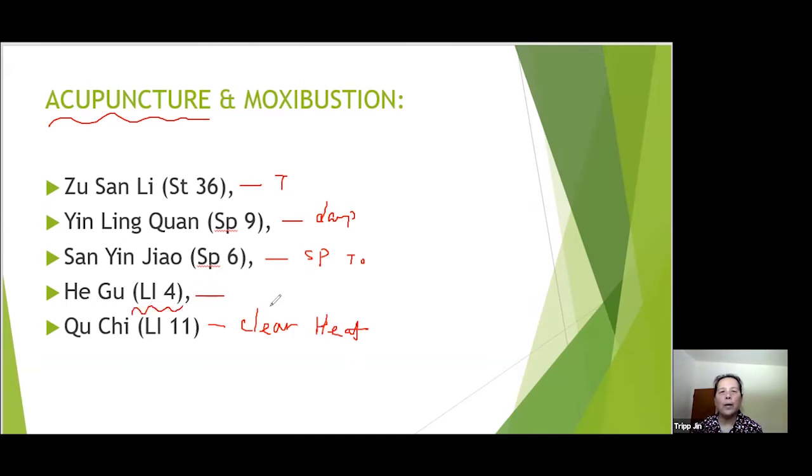LI4 and LV3 are pretty good points, 三焦 6 as well, and also moving qi. So that's basically what we use.